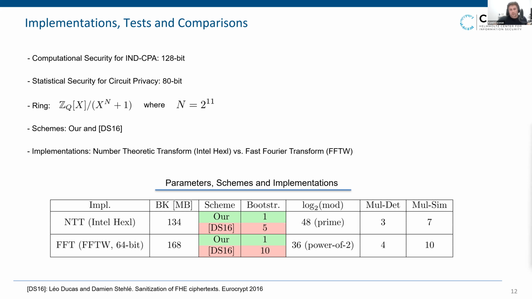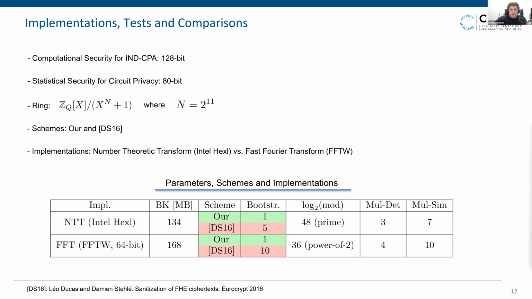So both modes use the same bootstrapping key BK, so you don't need to publish any new bootstrapping keys or any new key switching keys or something like that. And the difference in the efficiency you can already see in the last columns, mul det and mul sim. So this gives you the number of polynomial multiplications in ring LWE and ring GSW products in the deterministic and simulation modes.